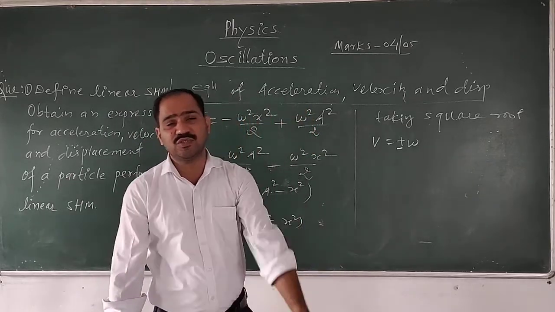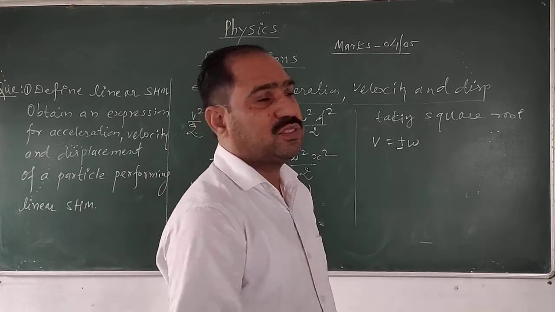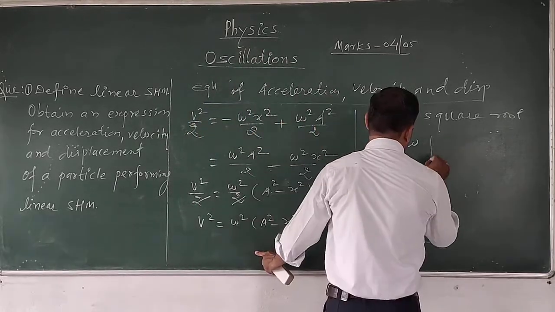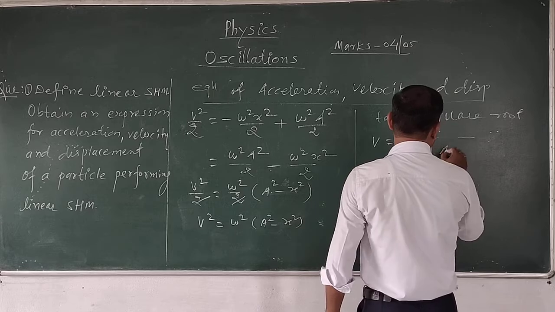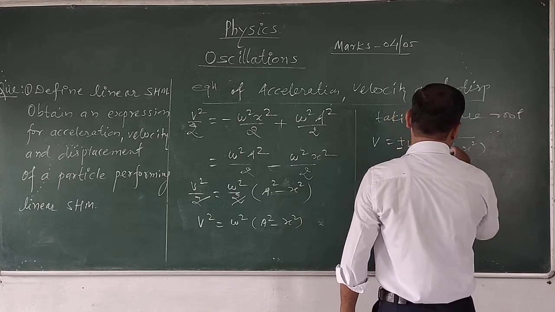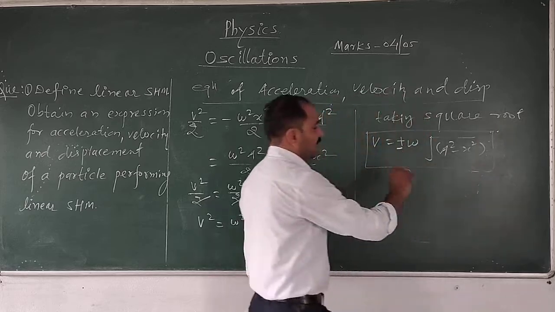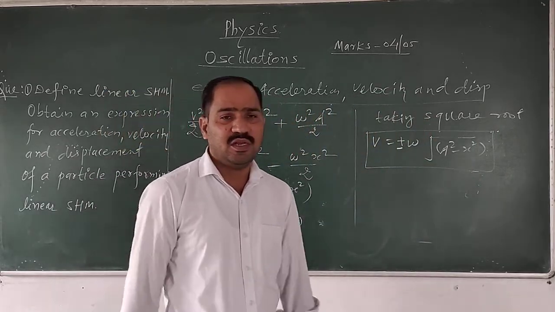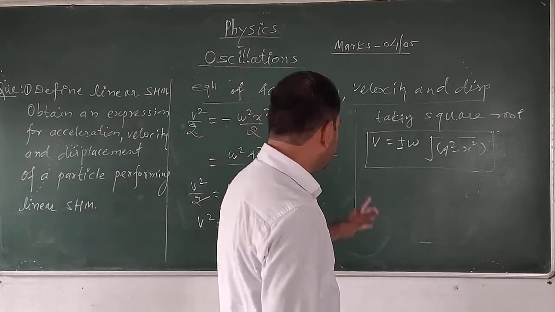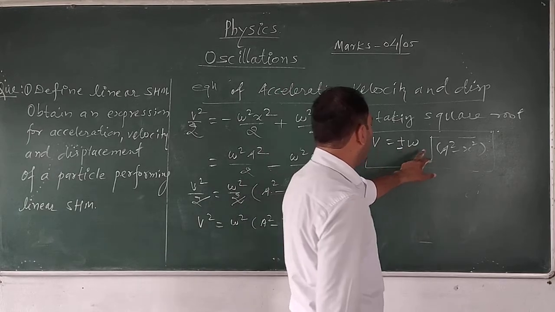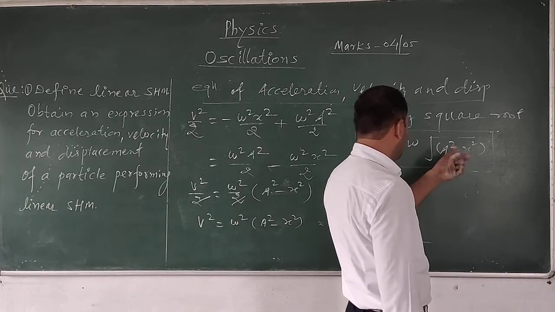Taking the square root, the sign will be positive. This is the velocity of the particle while performing linear simple harmonic motion, that is, v equal to plus or minus omega under root of A square minus x square.